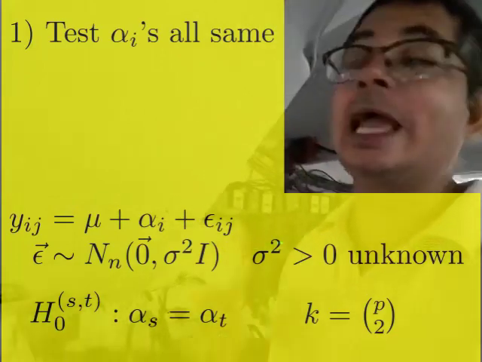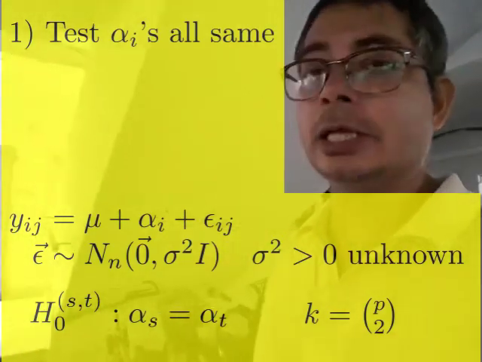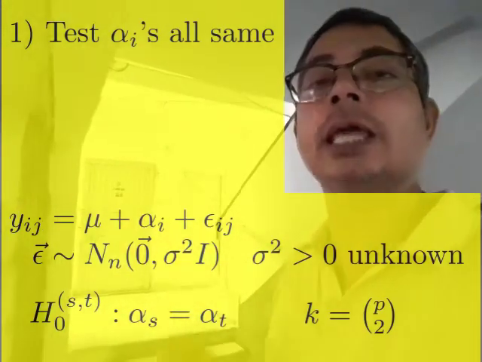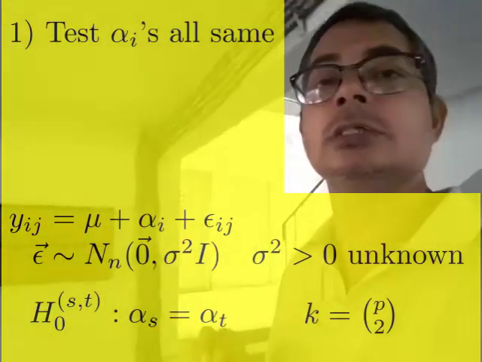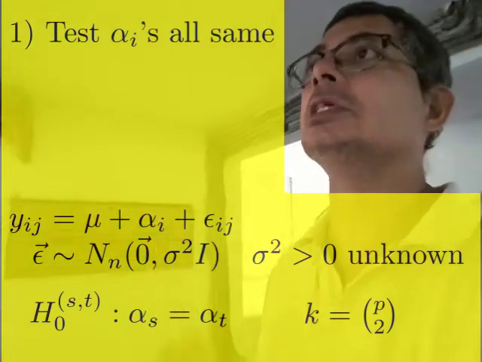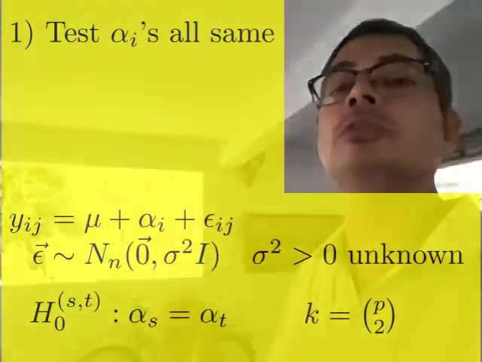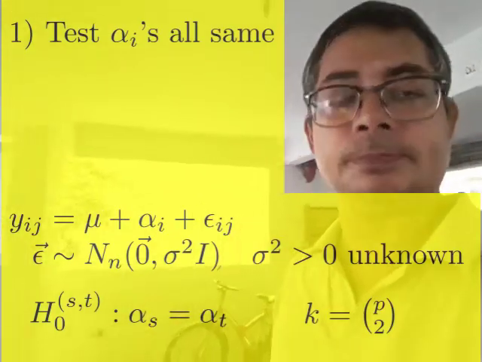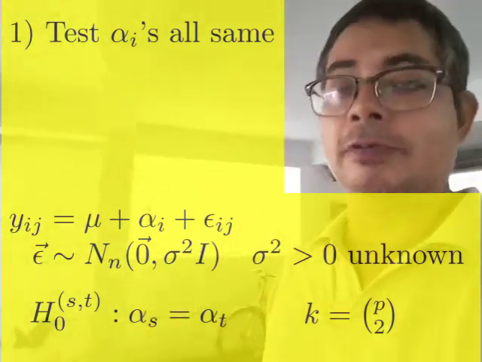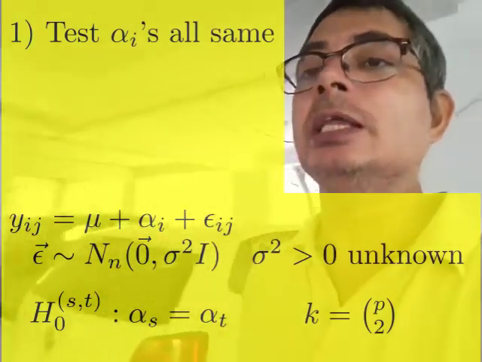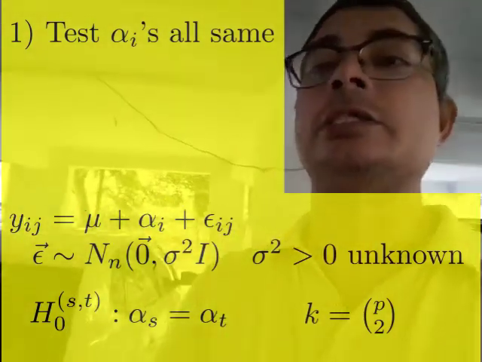If this test accepts, then you just say accept, accept, accept for each one of those component hypotheses, and stop. If, however, you reject this overall test, then you move to the next step.